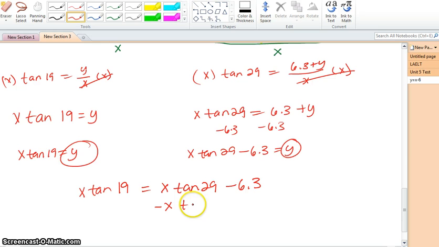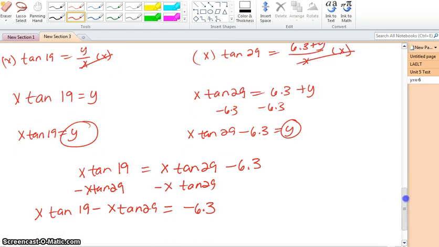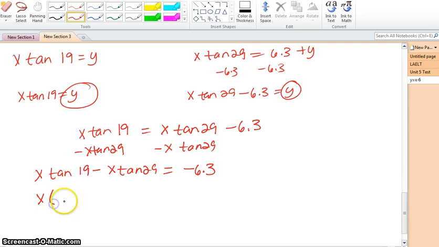If we subtract this value, x tangent 29, we have both of our x terms on the left-hand side of the equation, which allows you to factor, and when you factor x out of both of these expressions, you have x times the quantity tangent 19 minus tangent 29 equals negative 6.3.